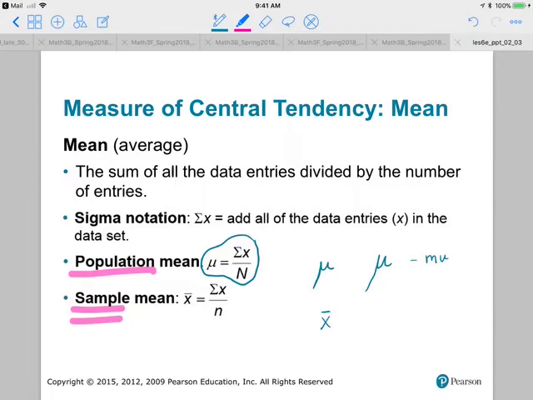X, A, B, S, right? So here we go. Just one more time here. Mu, okay, and then x bar. Mu is the symbol for population mean. X bar is the symbol for sample mean.